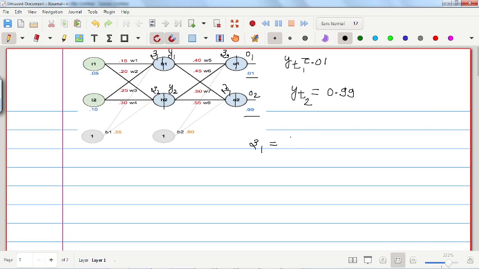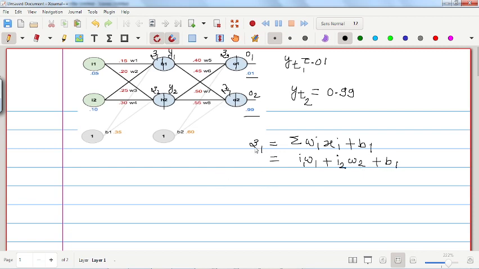What formula are we using? Summation of Wi Xi plus B1. Instead of Xi we consider I1 and I2. So Z1 equals I1 into W1 plus I2 into W2 plus B1.